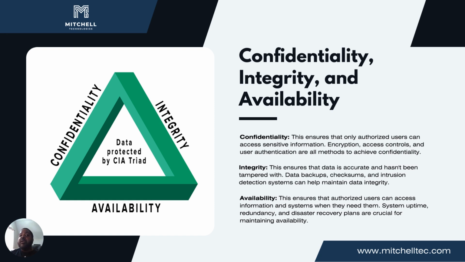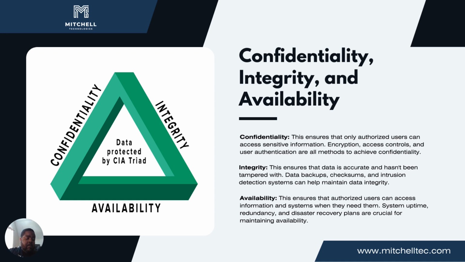Now, these three pillars make up how we want to protect our data in some type of form and fashion, right? So either we want to have a heavy emphasis on confidentiality, or we want to make sure that is heavy in integrity, where we make sure that things are not changed without our consent.